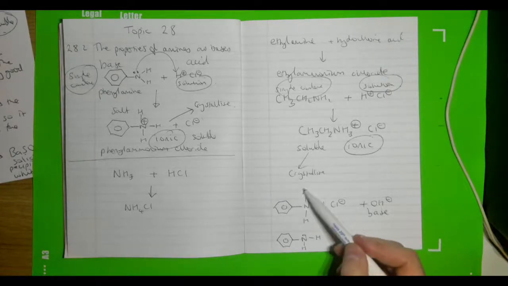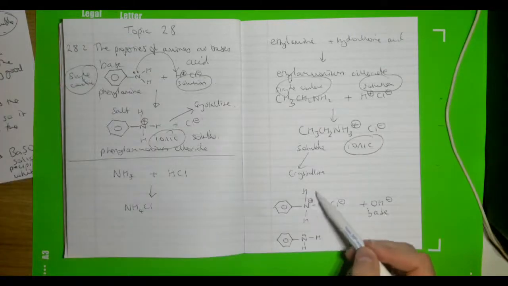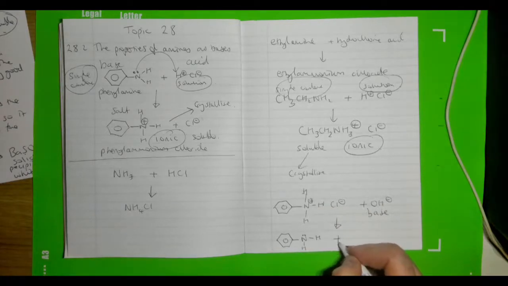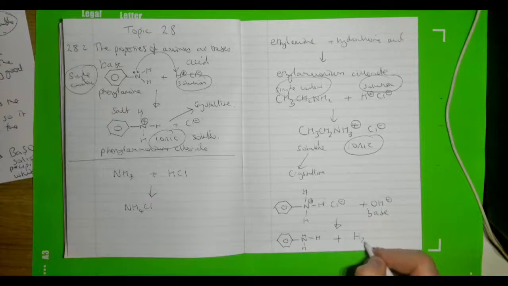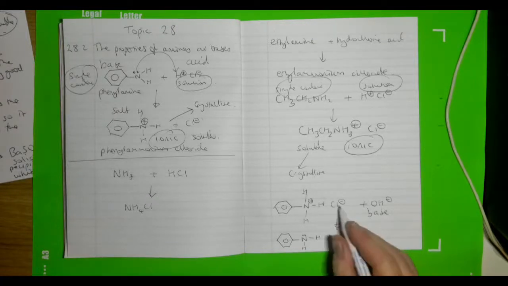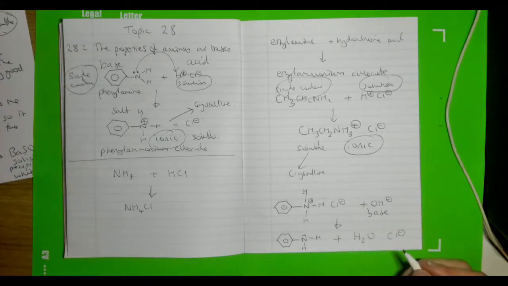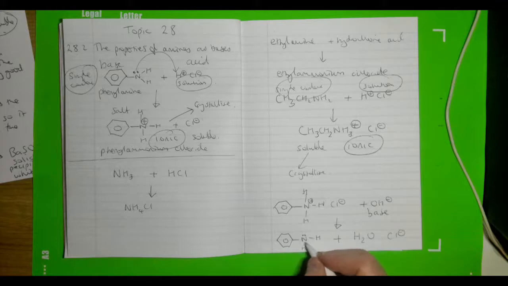So let's imagine we've removed this H plus. That would make water, and again the Cl minus is just a spectator ion. And then we get back to our phenylamine.